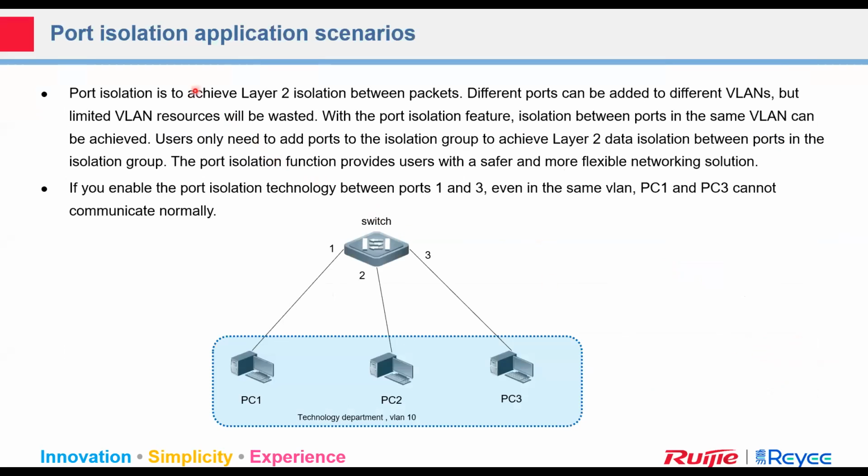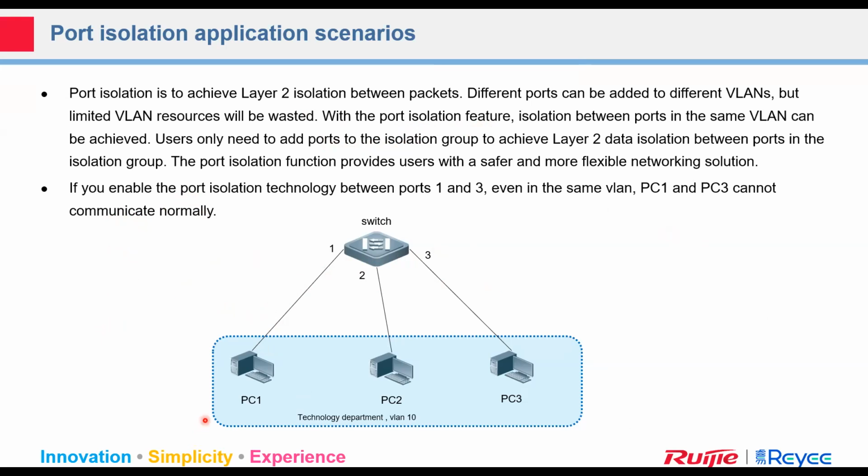Next, you can do port isolation. Port isolation is to achieve layer 2 isolation between packets. Different ports can be added based on different VLANs, but limited VLAN resources will be wasted. So with the port isolation feature, you can isolate between ports in the same VLAN.